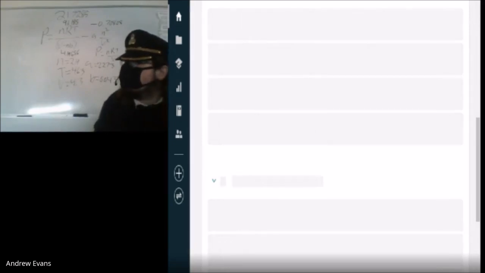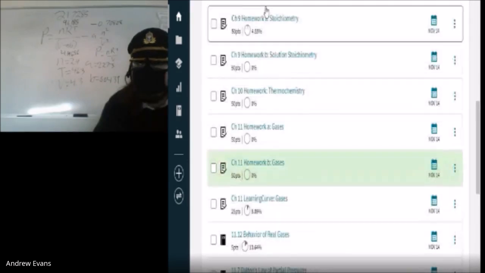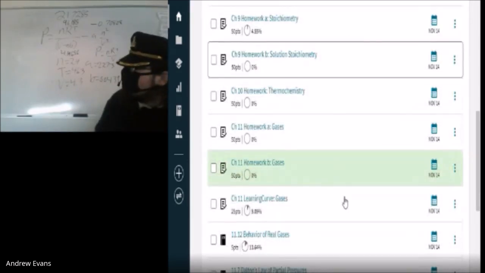Those simple things. Be able to do the ideal gas equation. Be able to calculate density or molar mass, given one or the other.